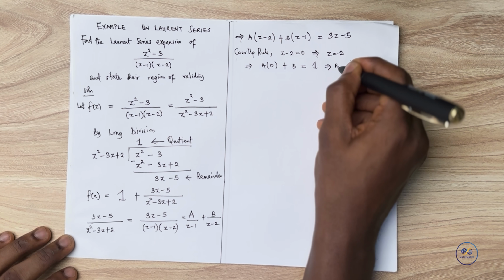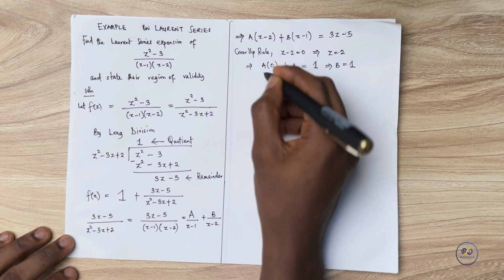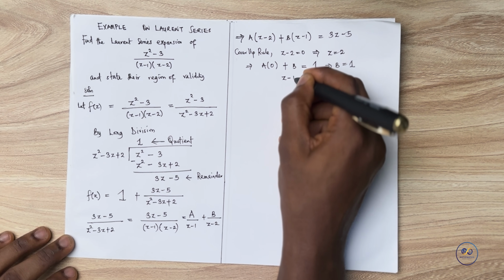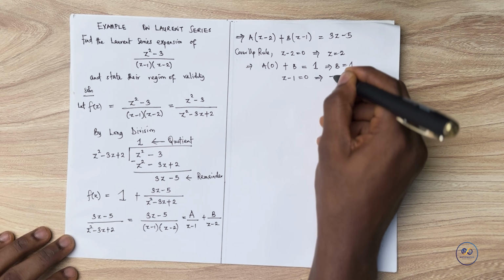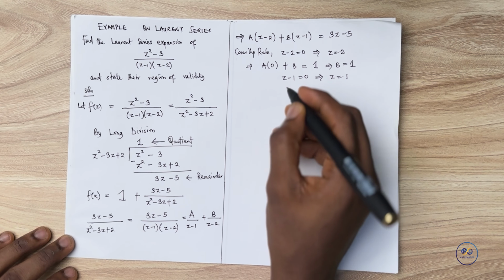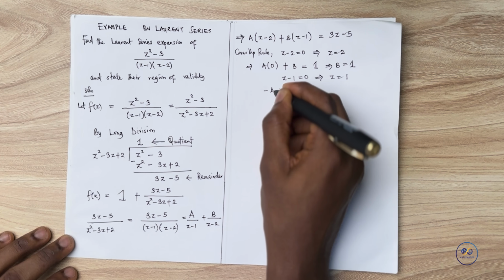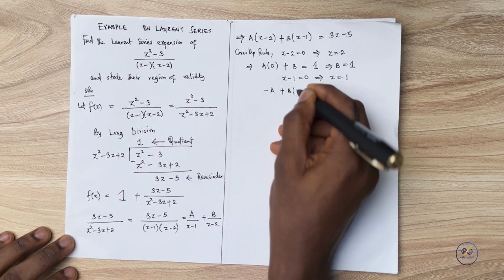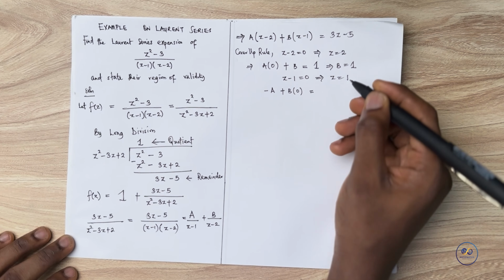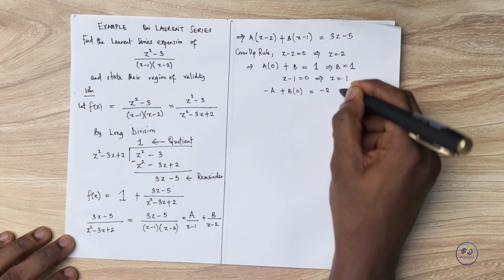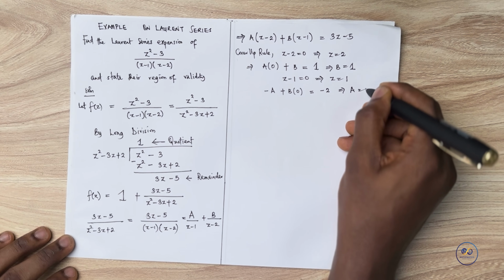From here we see that b is equal to 1. Similarly, if we set z minus 1 to be 0, we have that z equal to 1 can be used in the equation. From there we have minus a plus b into 0 equal to minus 2. So from here we see that a is equal to 2.